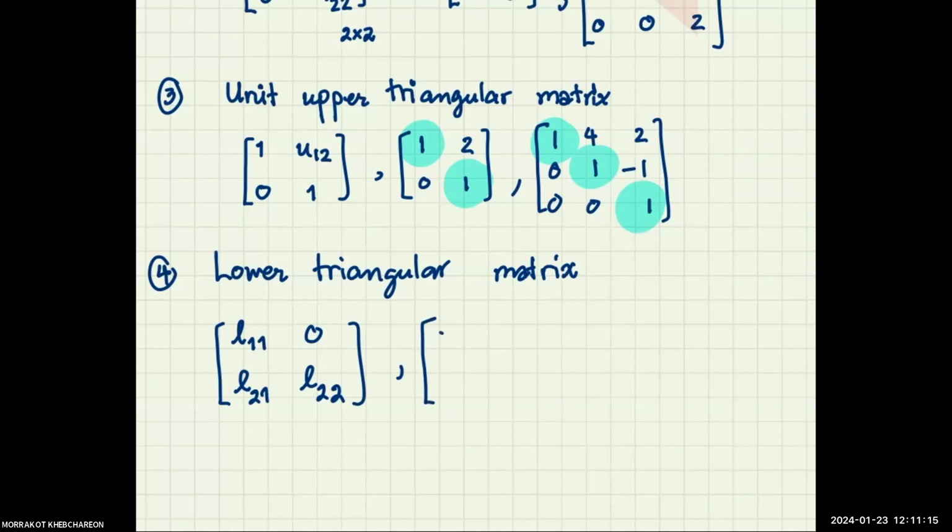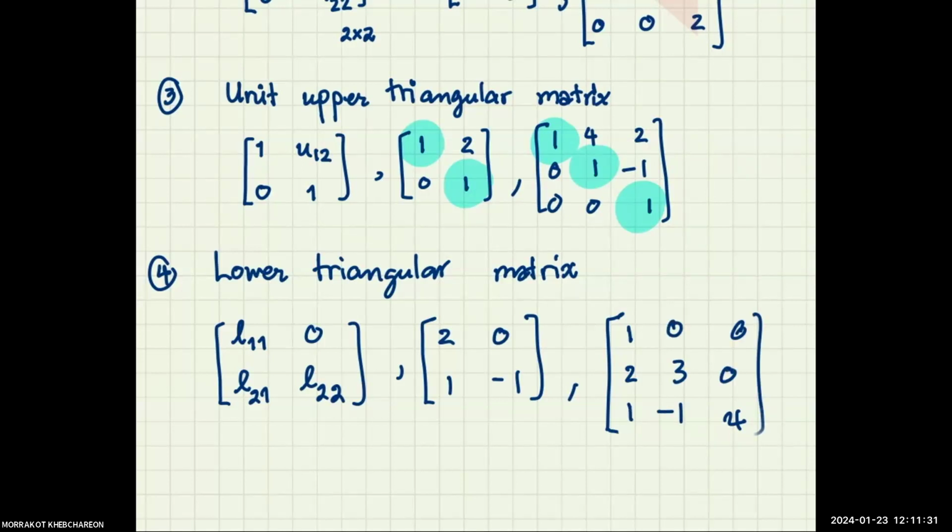So for example, it's 2, minus 1, 1, 0, 1, 3, 4, 0, 0, 0. Okay, so you have this lower triangular matrix like this.